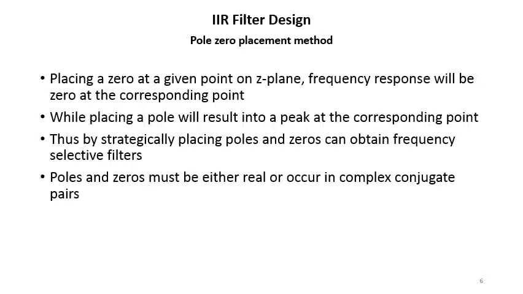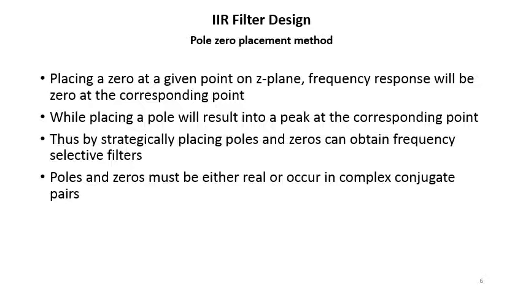This approach is known as the pole zero placement method, and it is useful for very simple filters where filter parameters such as the passband ripple need not be specified precisely. A more efficient approach is to first design an analog filter satisfying the desired specification and then convert it into an equivalent digital filter. Most IIR filters are designed this way.